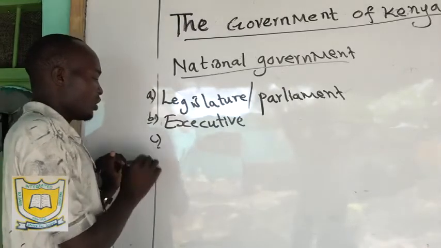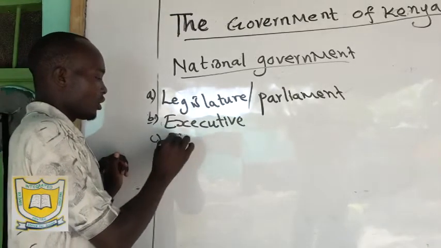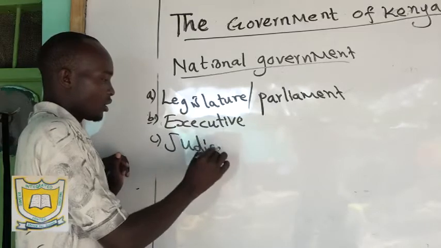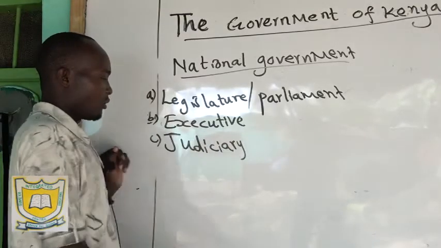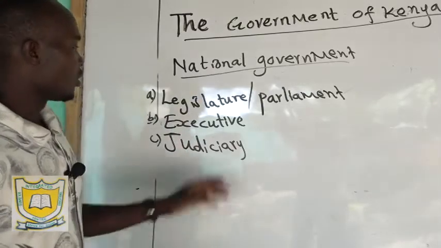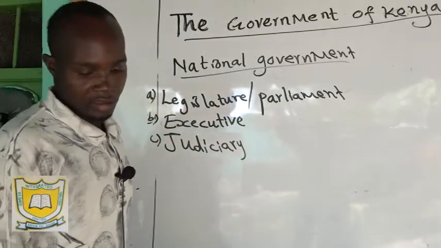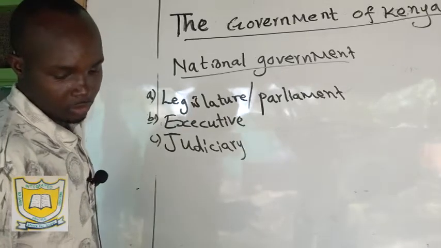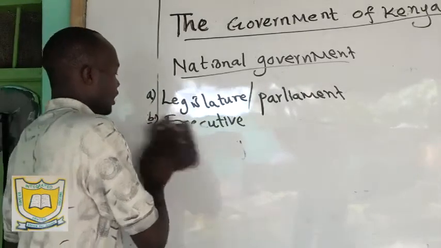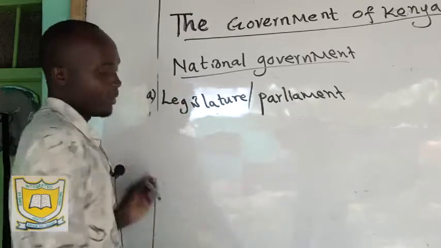And then C, we have what we call the judiciary. So we are going to look at these arms of the government one by one. So let us start with the legislature or parliament.